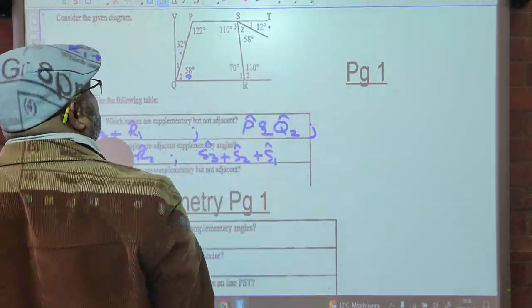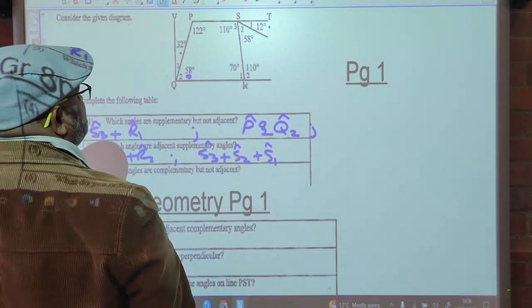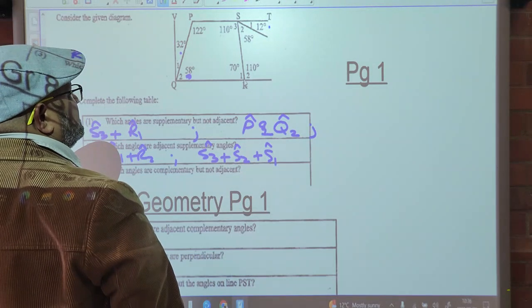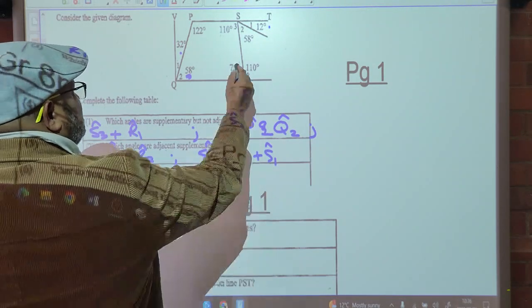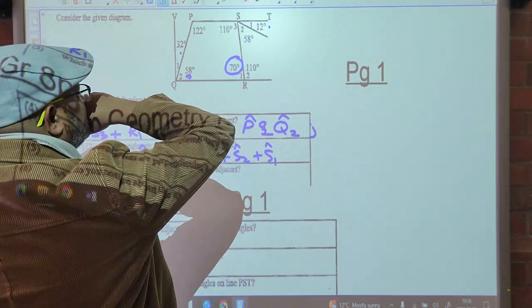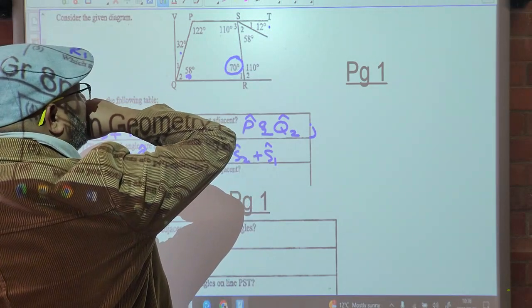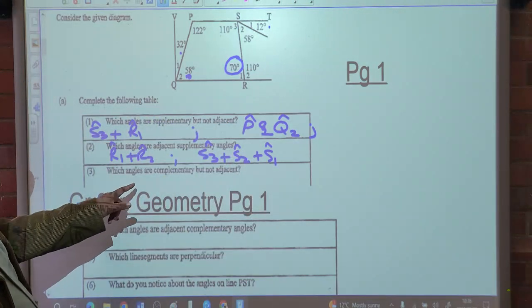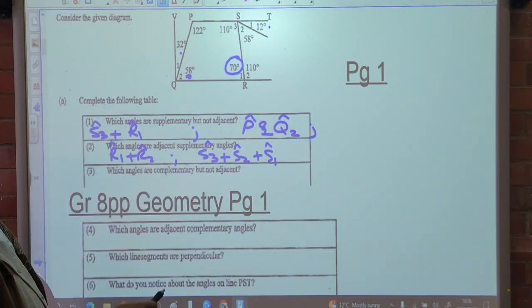58 plus 12 is 70, not 80. 70 plus 20. Which angles are complementary but not adjacent?